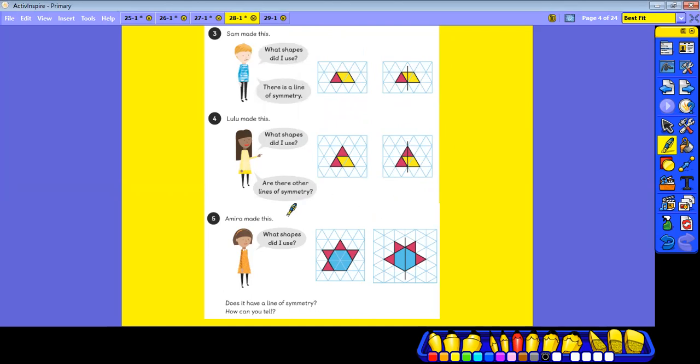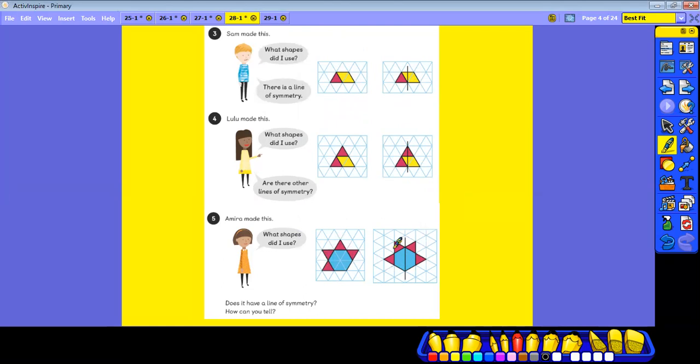And the last one, Amira, has created this pretty pattern here. I'd have wanted to finish that off with some more pink triangles there and there. I don't know whether she was too busy to finish it or whether she just thinks that that is perfect as it is.